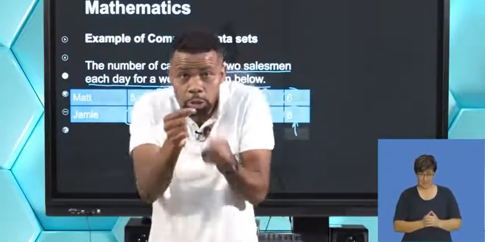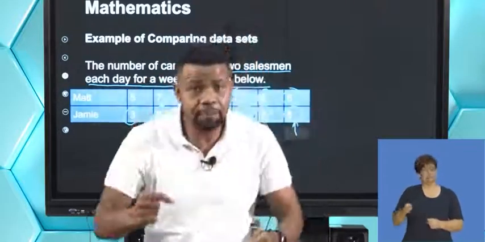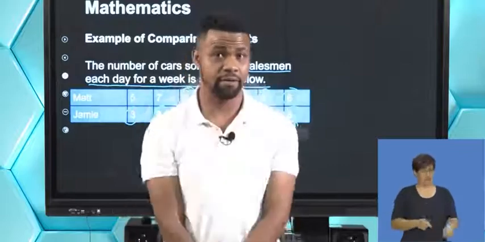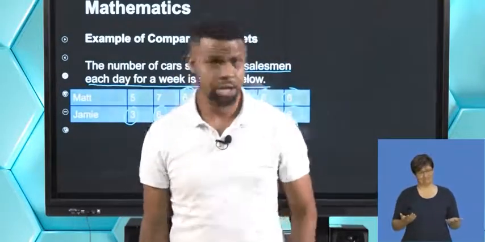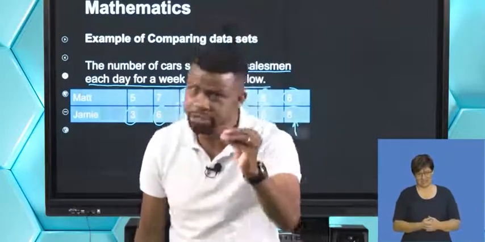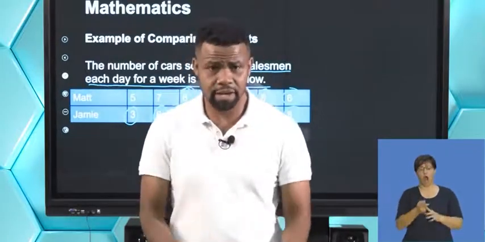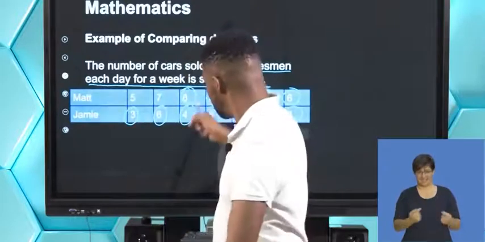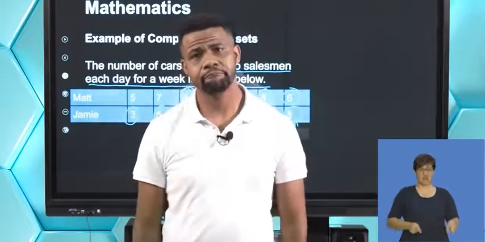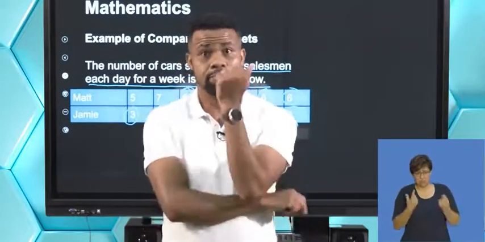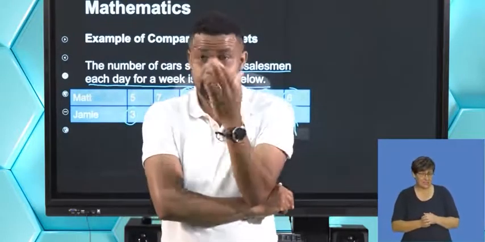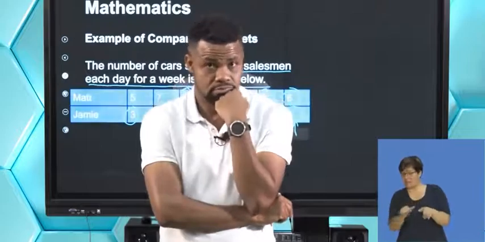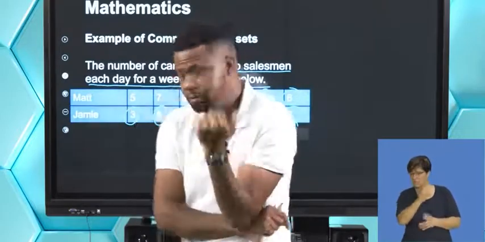Can I conclude based on that and say, Jamie is a better salesman by using one day's data? Can I? No, definitely not. I cannot use one set of data and arrive at a conclusion that Jamie is a better salesman. What can we do here? Is the average better? Are the minimum and maximum better? Let's see what we can do.